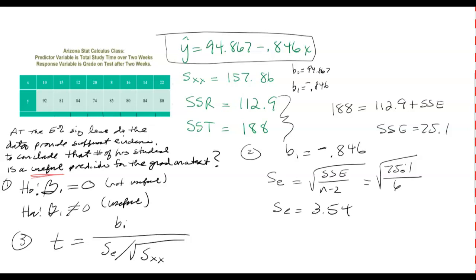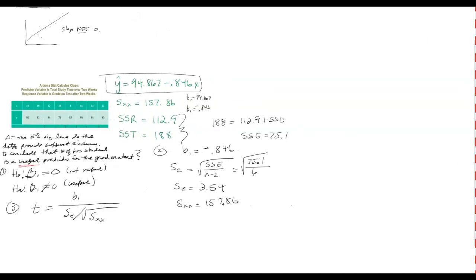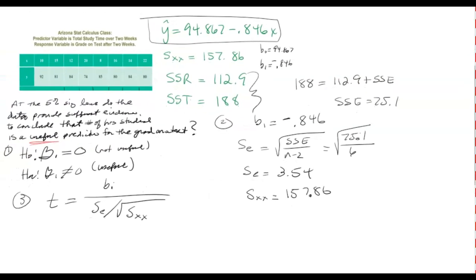The other value we need to calculate this t-test statistic is SXX, and that you would have gotten in a previous part of this problem. I have it up there. It is 157.86. And you can go back to, I think, the video I did on the regression equation, part 1 and part 2. Part 1 will have that on there. So now that we have our values, we can plug them into our test statistic.